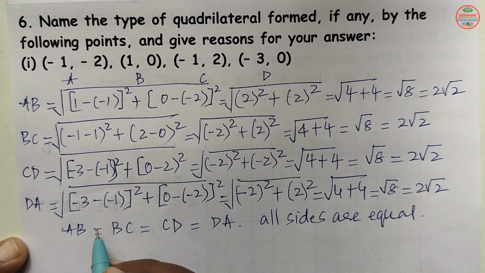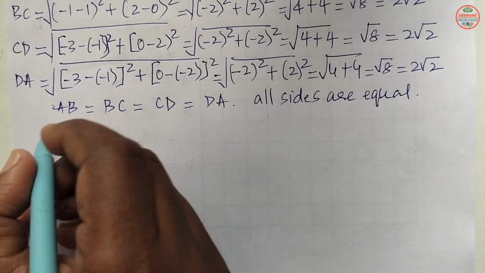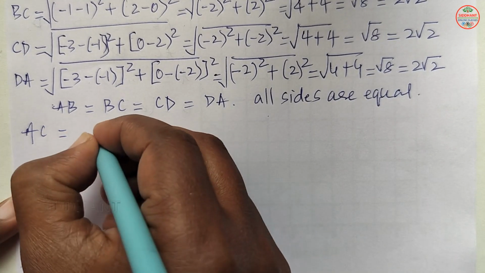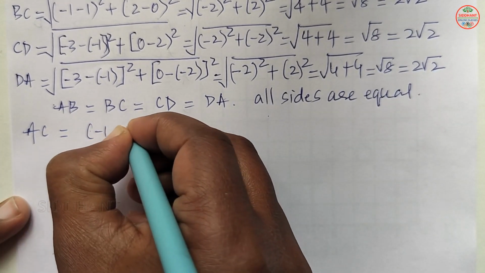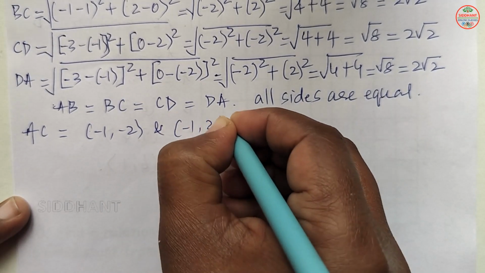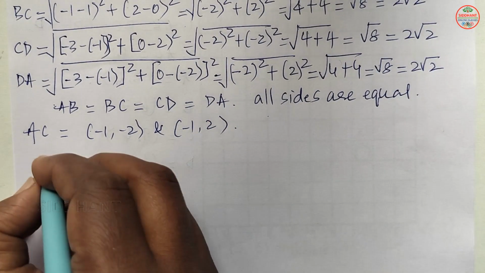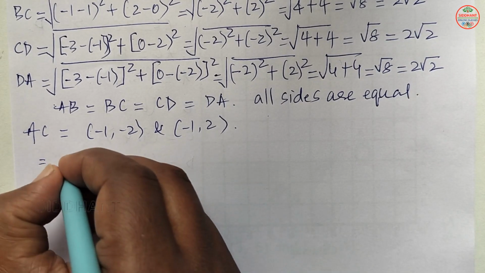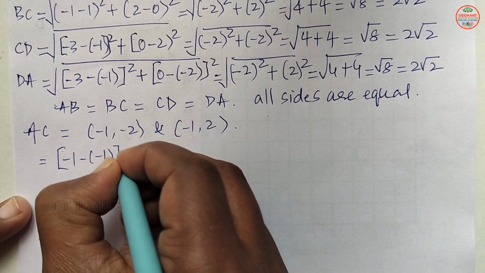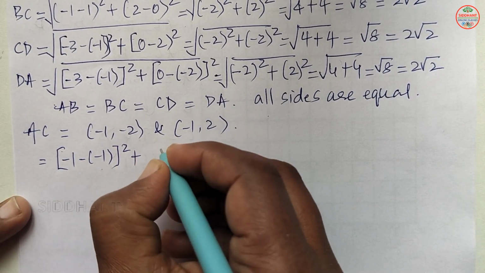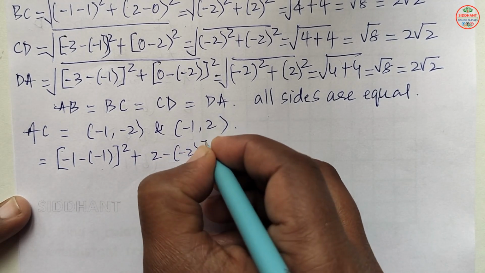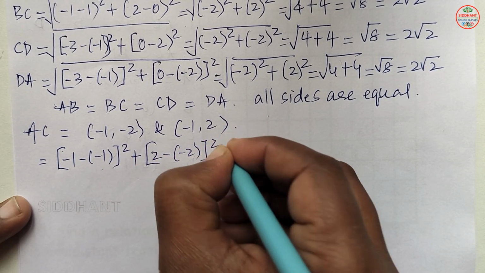Next we are going to compare the diagonals. So diagonal AC, which is (minus 1, minus 2) and (minus 1, 2). So which will be minus 1 minus of minus 1, whole square, plus 2 minus of minus 2, whole square.